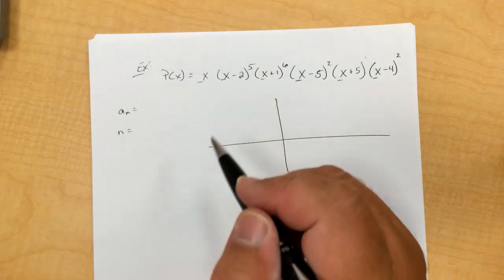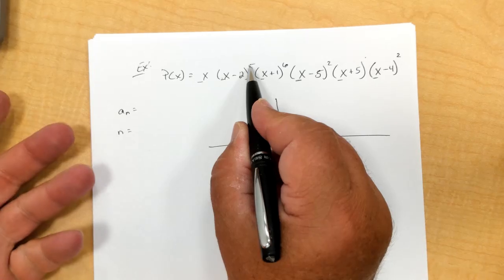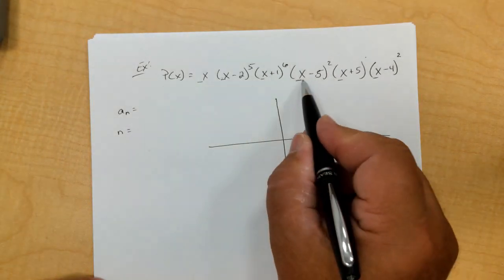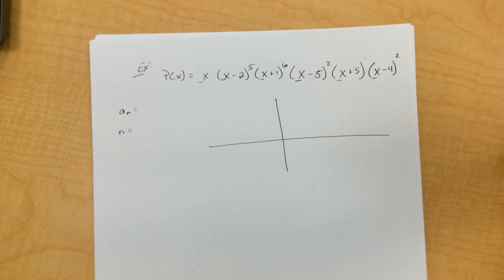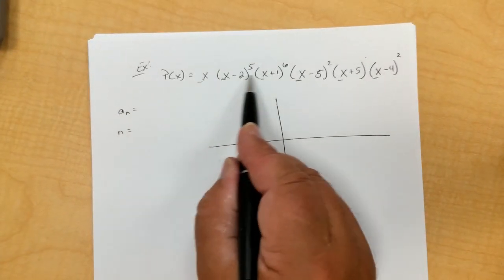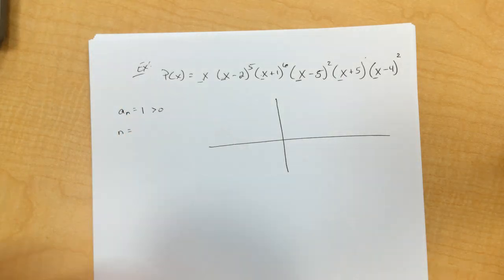And you have to look at the power, because if A was negative here, to the 5th power, it stays negative. Negative to the 6th is a positive now. So is A going to be positive or negative? Well, since all of these are 1s, positive.